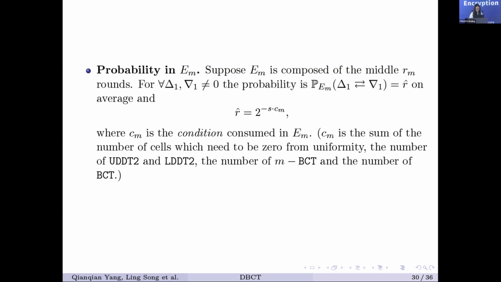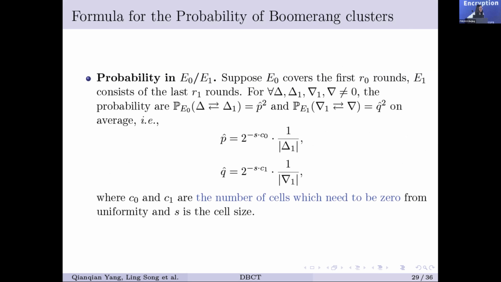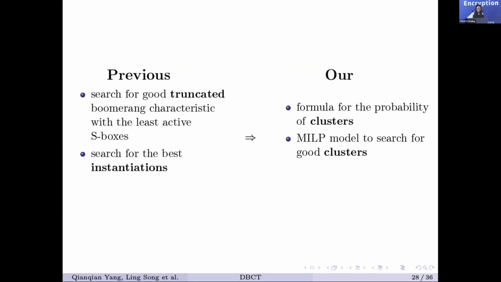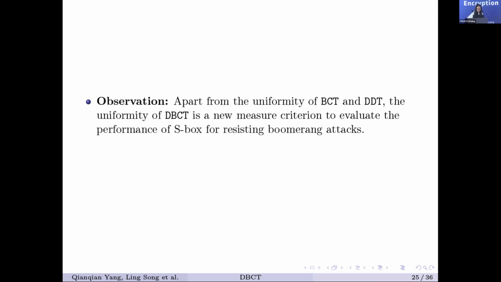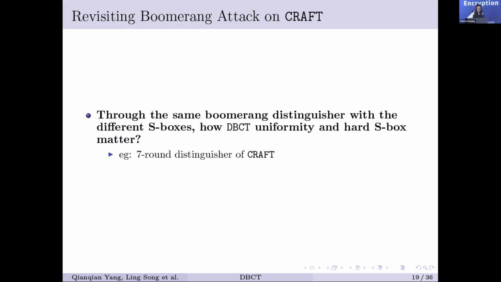Okay, and the last question is, is there any connection between the boundary of EM and the maximum number of the TBCT of a specific cipher?